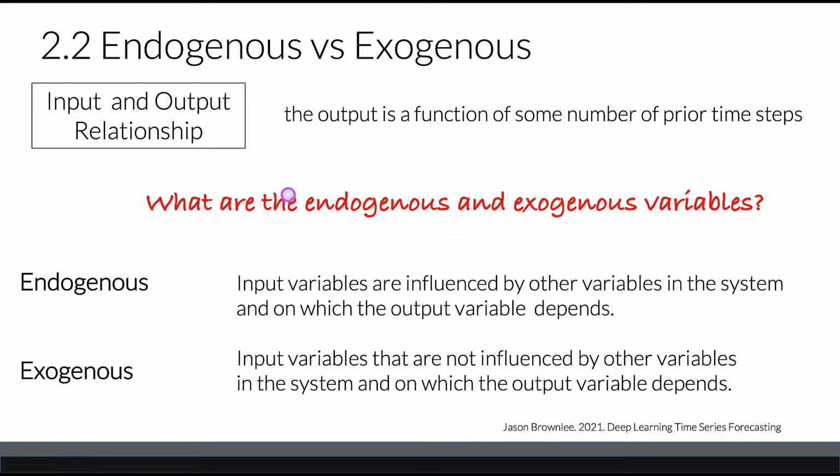Endogenous variables are influenced by other variables, while exogenous variables are not influenced by other variables. Typically, a time series forecasting problem has endogenous variables, where the output is a function of some number of prior time steps. It's correlated. It may or may not have exogenous variables.